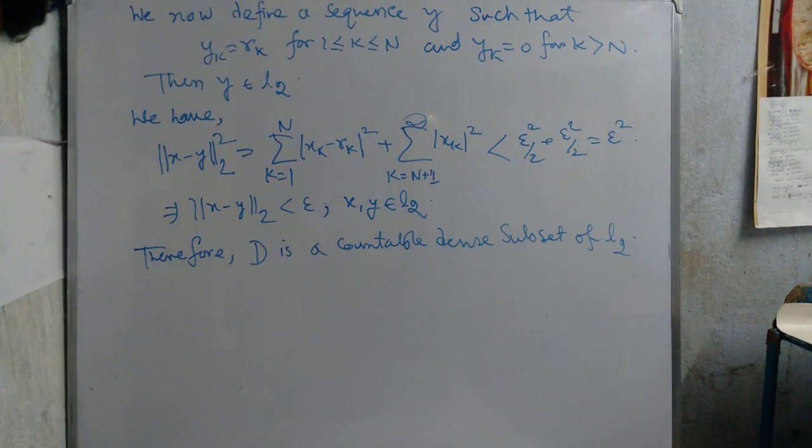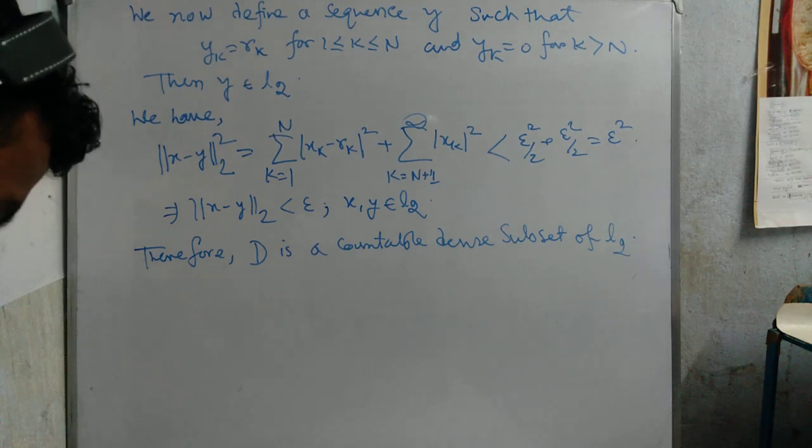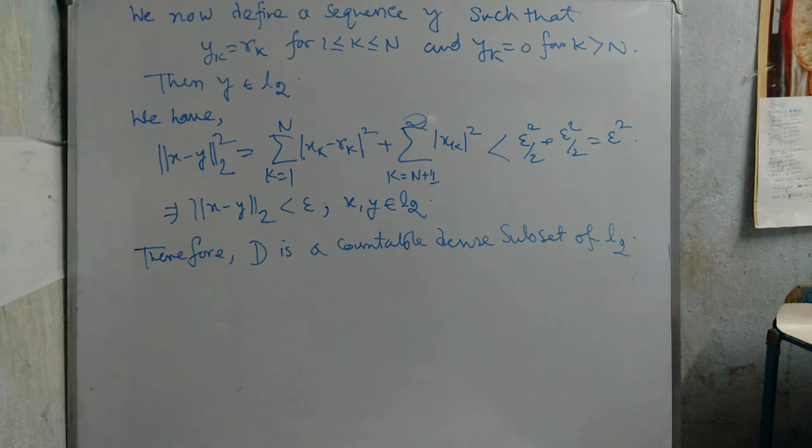We also say D equal to the union of Dn, n belongs to N, where Dn is the set of sequences whose terms are rational and xk for k greater than n is 0. Then D, the union of Dn, is obviously a dense subset of L2. This is one higher dimensional example of a dense subset we talk about today.